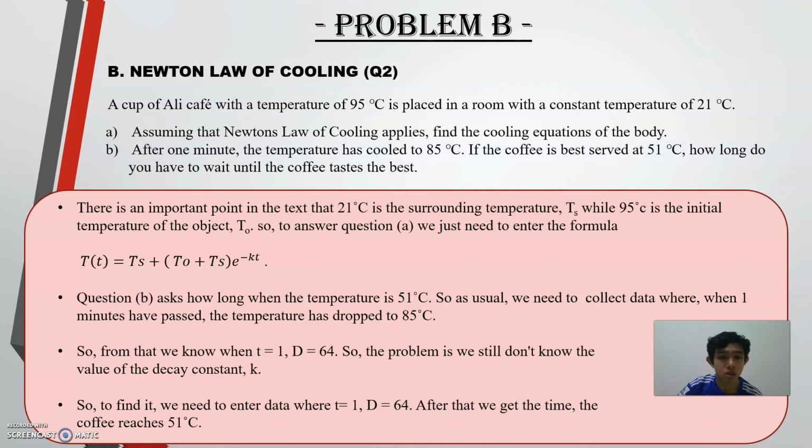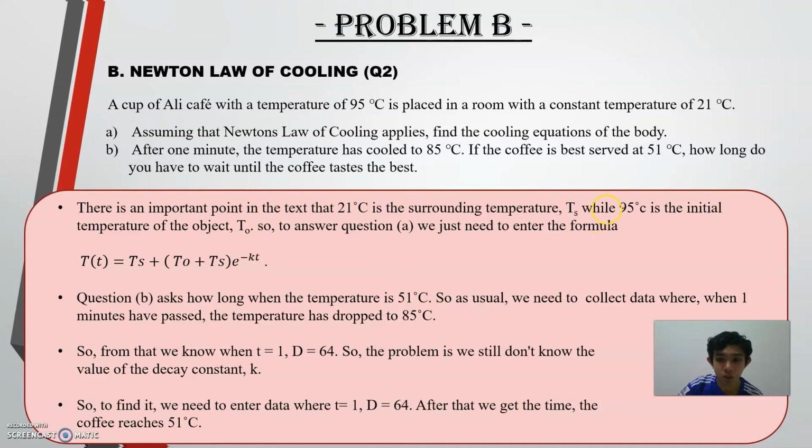To answer this question is easy. We just have to insert into the formula. This formula is T(t) = Ts + (T0 - Ts) in brackets, exponent of negative kt.